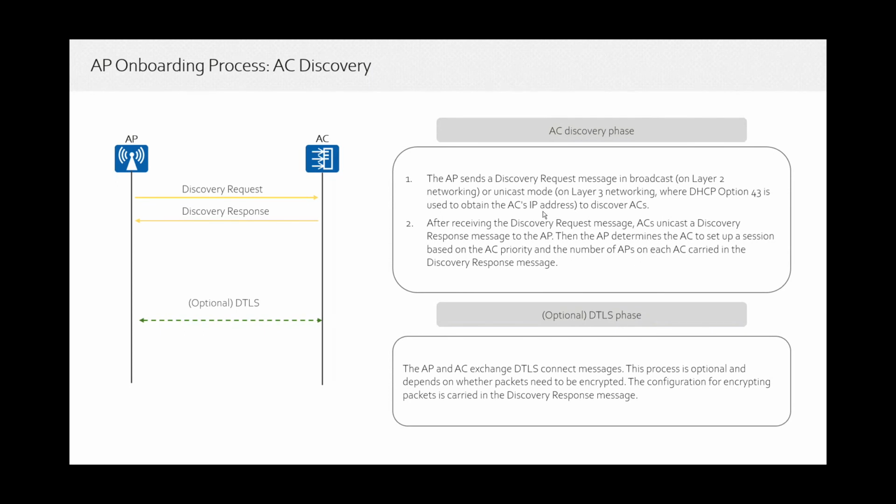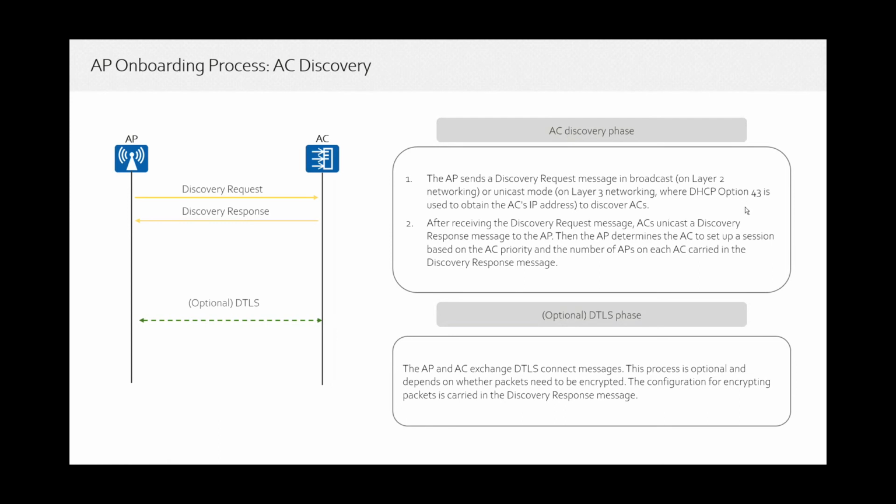In situation 1, layer 2 networking, APs can send the discovery request message in broadcast. But in layer 3 networking, the broadcast won't be able to find the AC. So what we need is option 43.